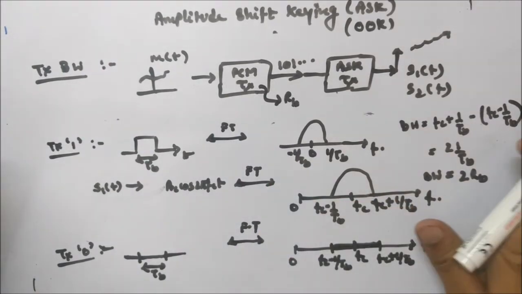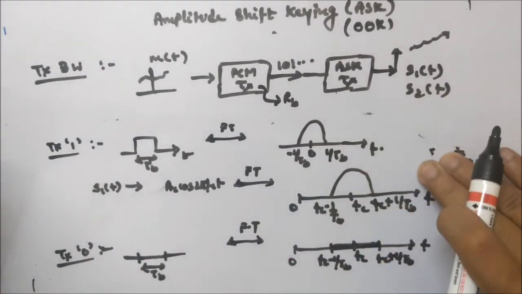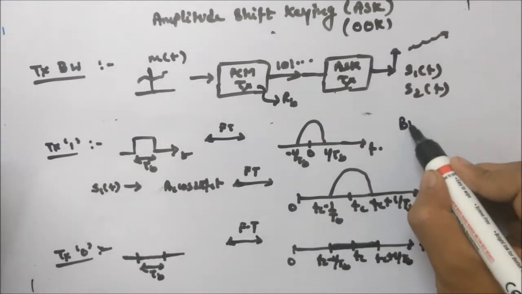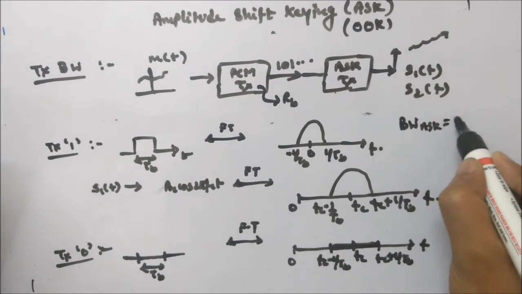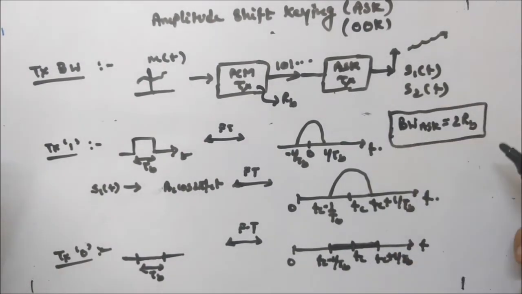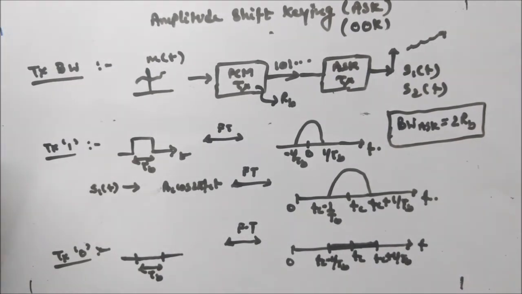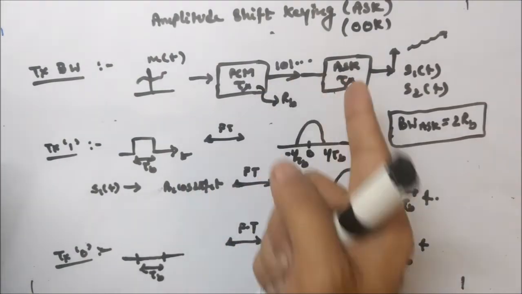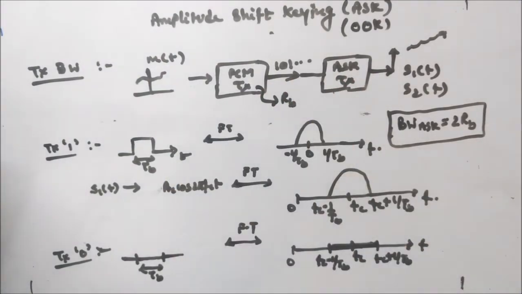Okay, so what I can write is bandwidth for ASK is equal to 2 RB. This will always be true no matter what you are transmitting from here to the ASK modulator.